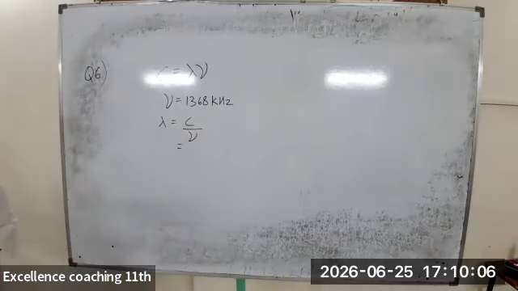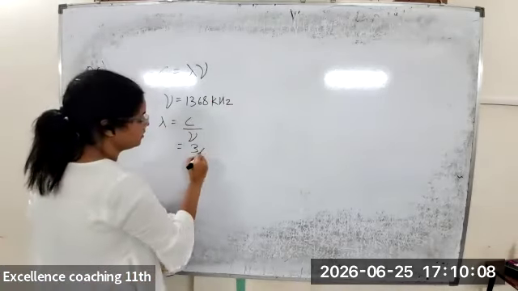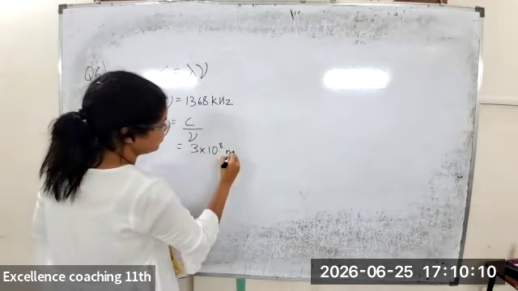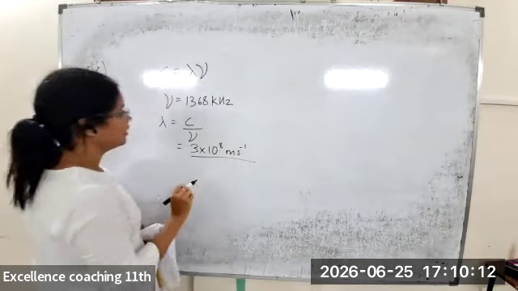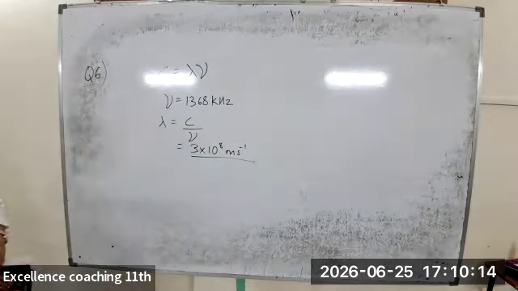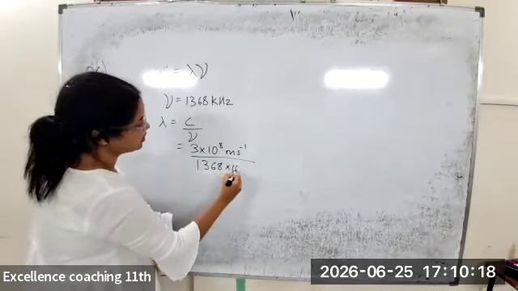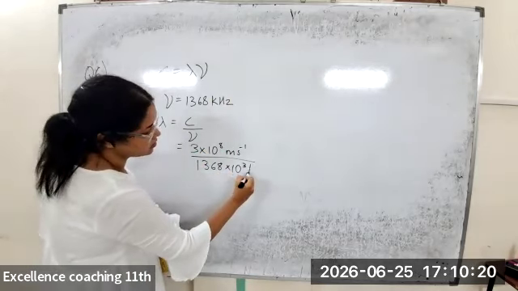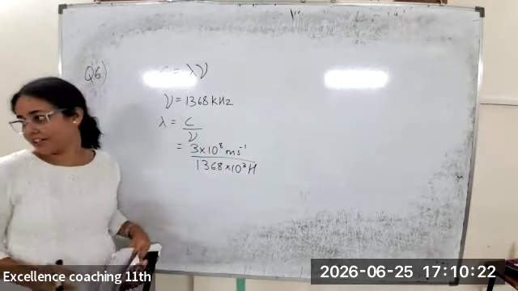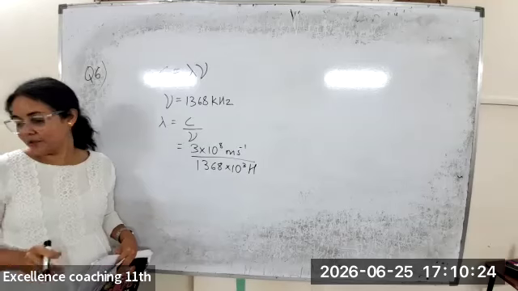So what will be C? 3 into 10 raised to 8. Okay. And what will be the frequency? 1368 into 10 raised to 3 hertz. But I have said hertz, you also can write it in terms of second inverse.